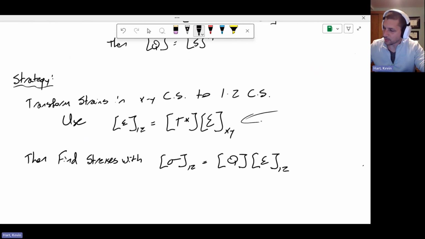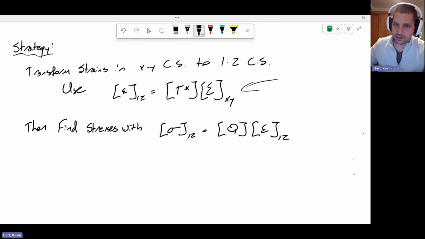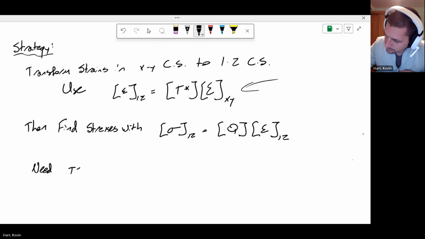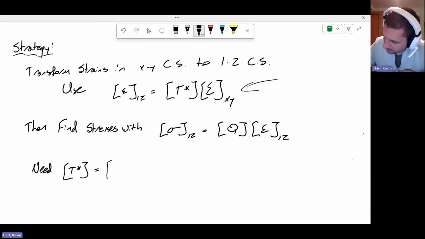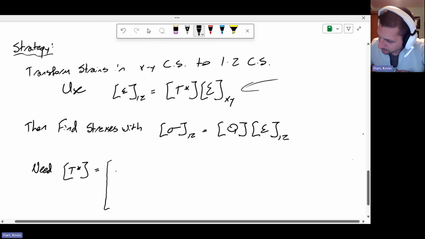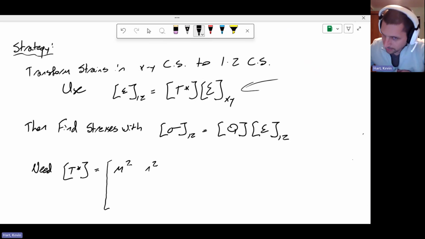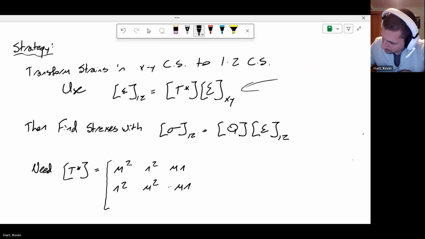We'll first start with transforming the strains. So here we're going to need the T star matrix, and I'll remind you what that looks like. This is right from your equation sheet. This is m squared, n squared, mn, n squared, m squared, and negative mn.